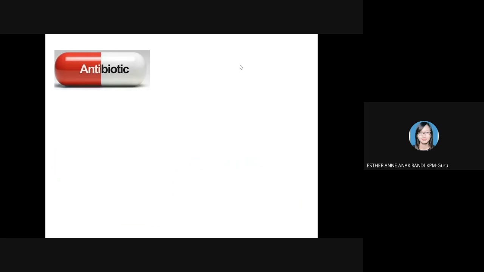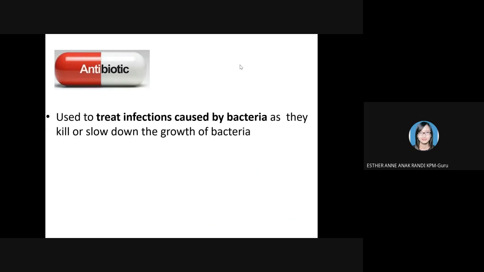Next is antibiotic. Anti is anti, right? Biotic is something living. So it wants to remove something living. Antibiotic is a medicine used to treat infection caused by bacteria, as it will kill and slow down the growth of bacteria.